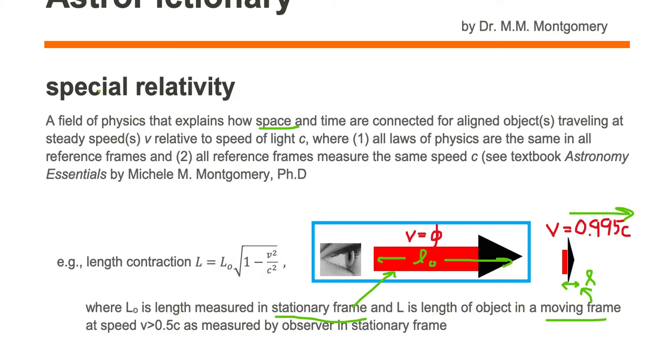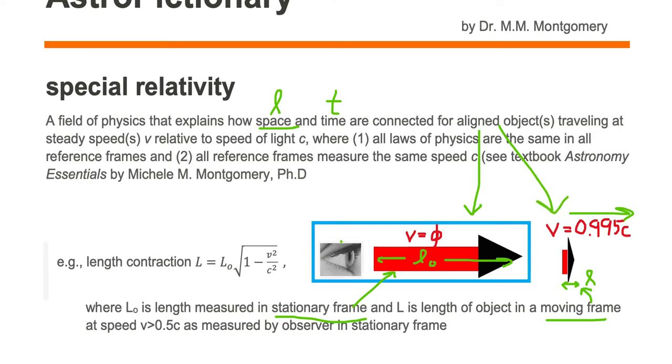So now let's go back to the definition of special relativity. It's a field of physics that explains how space and time are connected. In this case, we're looking at length, and we're not looking at time. There's other examples of special relativity that look at time. Specifically, we're looking at length, and we want to see how length is connected for aligned objects. So we have aligned objects here.